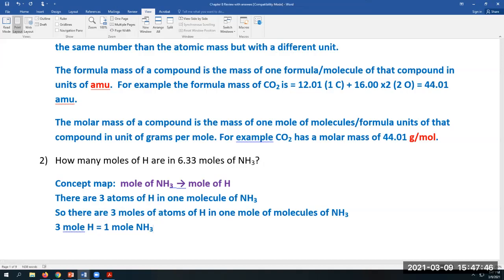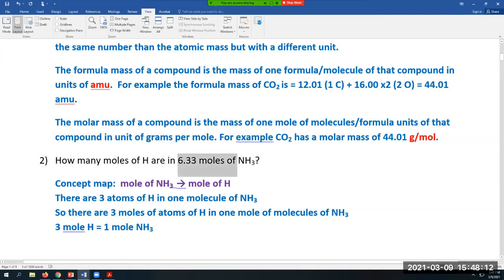So we can use this equality as a conversion factor, which means write it as a ratio, either 3 moles of H over 1 mole of NH3, or, because there are always 2 conversion factors per equality, 1 mole of NH3 over 3 moles of H. And so here, because we are starting with moles of NH3, it's our given amount.